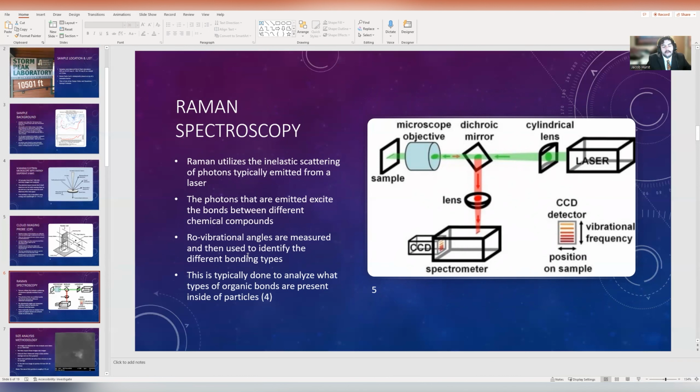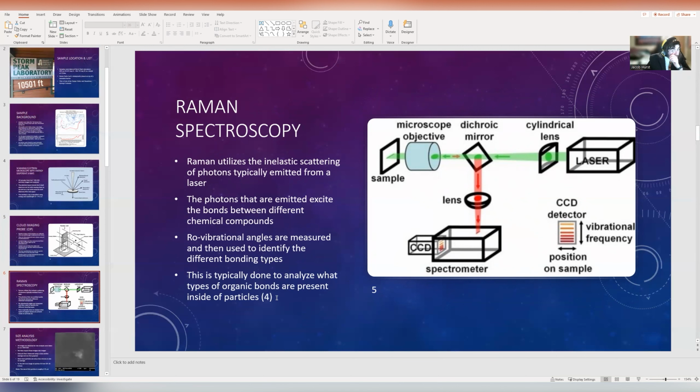When the photons hit this particle, it'll excite the bonds between them, and it'll cause them to rotate kind of like this. But then what we're doing is measuring at what angles, how much they're actually rotating. And that's how we are identifying what compounds there are. This is typically done to analyze the types of organic bonds that are present inside of particles.